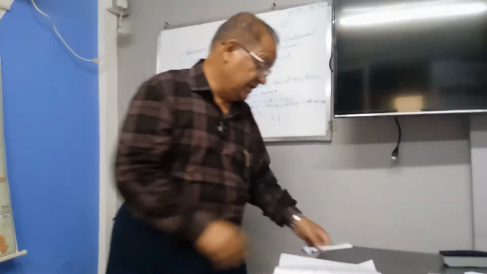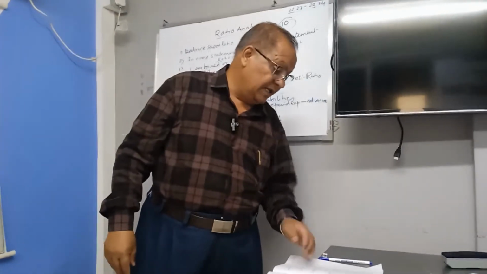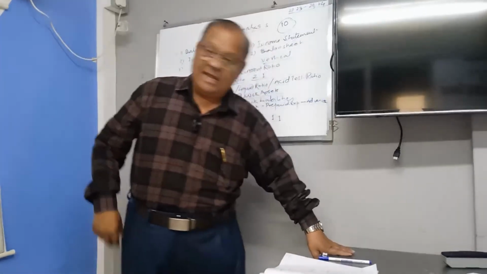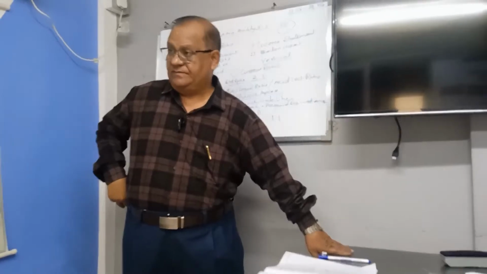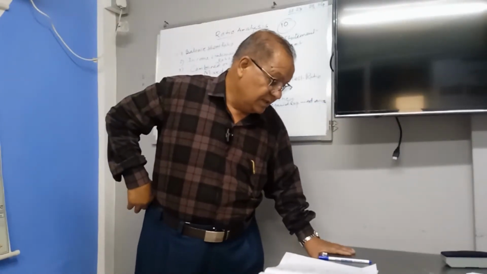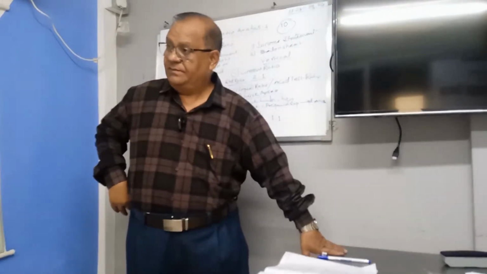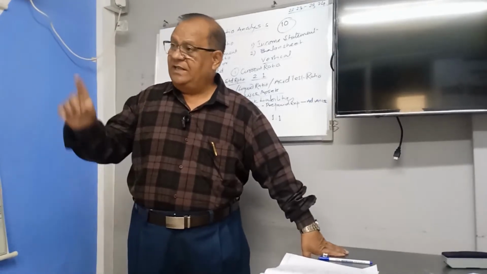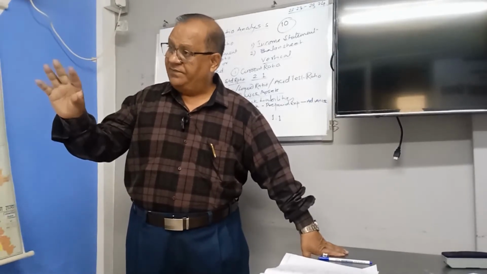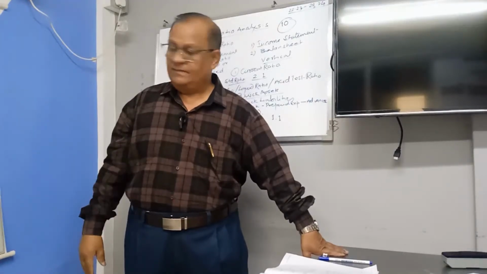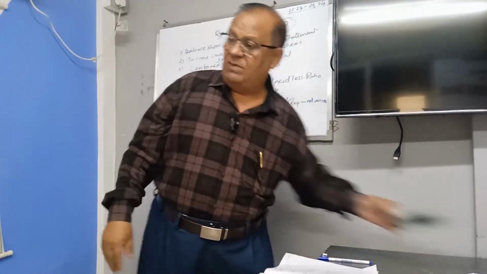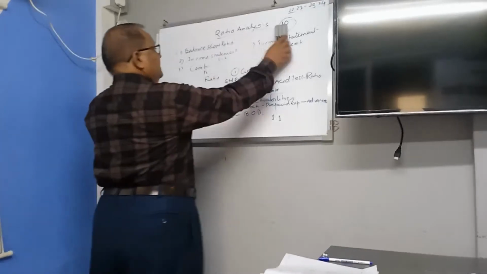From the following balance sheet of Akola Limited, calculate the following ratios. Eight ratios are given here, but in the examination they will ask you five for 10 marks. So there will be a 10 marks problem on this. Now we'll see this problem.